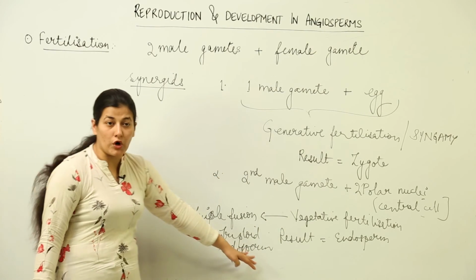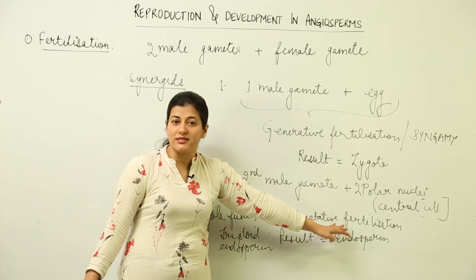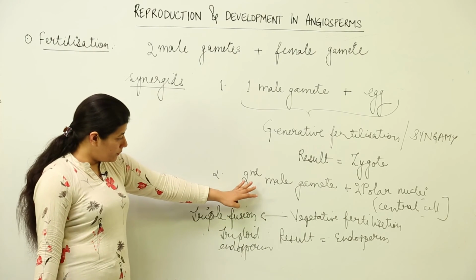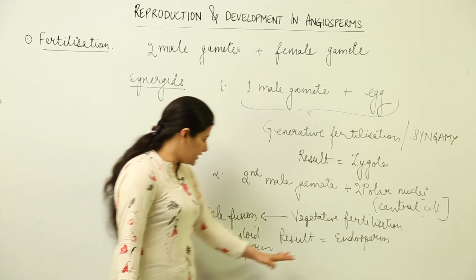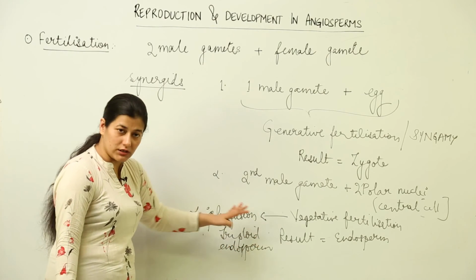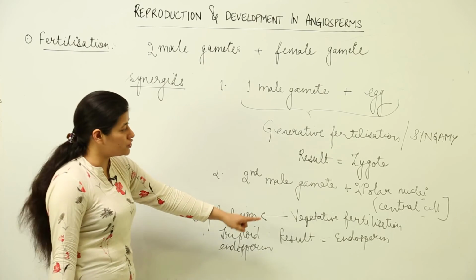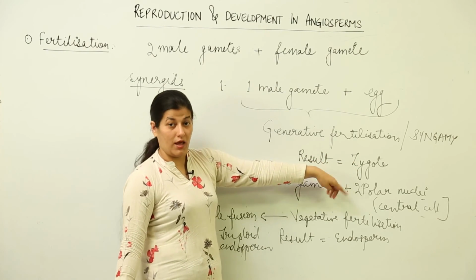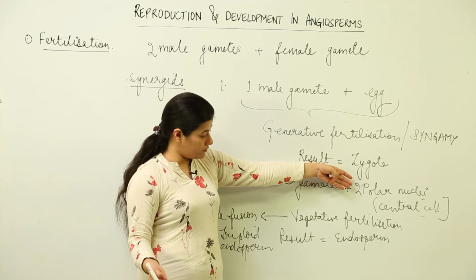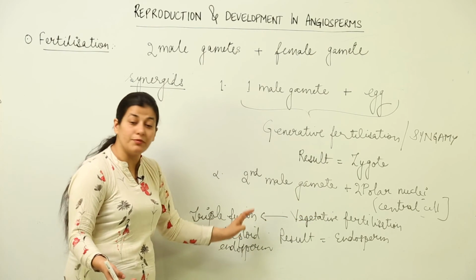Okay, so the triploid endosperm is formed as a result of the vegetative fertilization that has taken place between the second male gamete and the 2 polar nuclei of the central cell, and as a result we get this endosperm. This endosperm is responsible for providing nutrition to the zygote. So you see one point, that after and only after the zygote is formed, the formation of endosperm takes place, or rather triple fusion takes place.